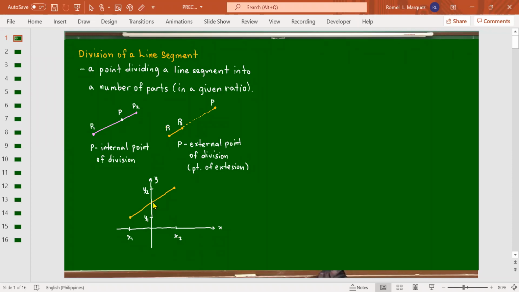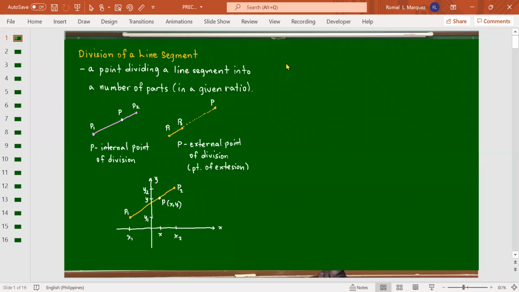And let's say my point of division is somewhere here. So let me call it P, and this is P2, and this is P1. Coordinates of P, X, Y, no? So meaning, this is X, and this is Y. Okay?